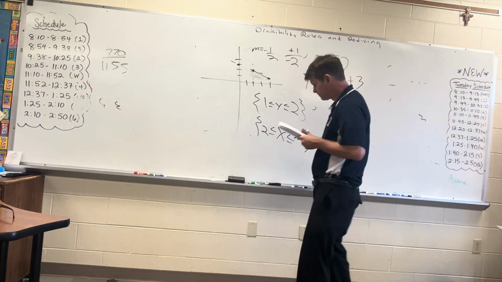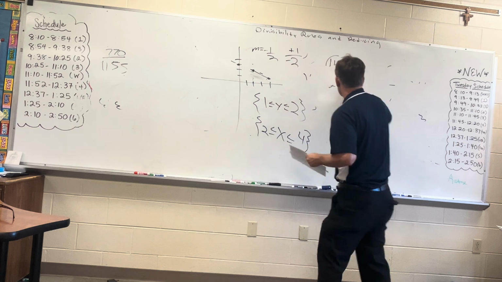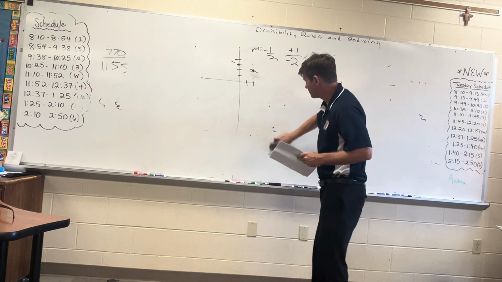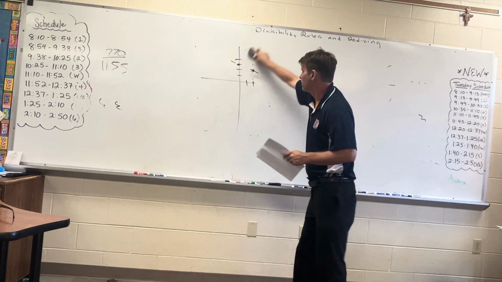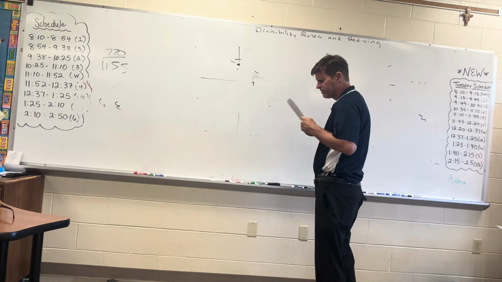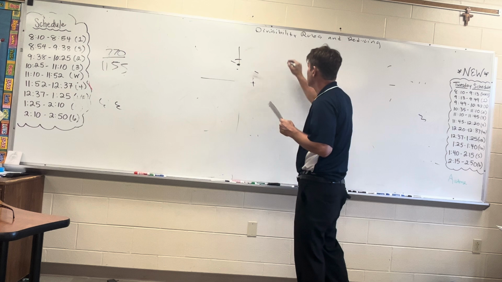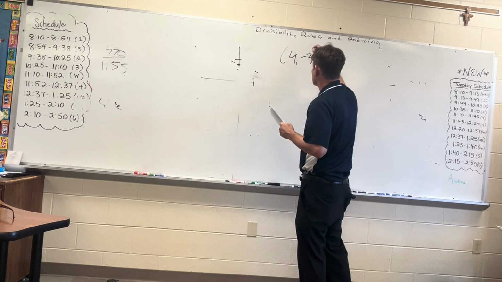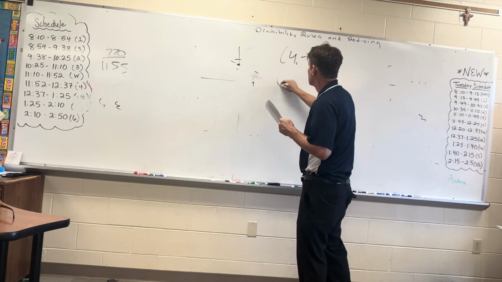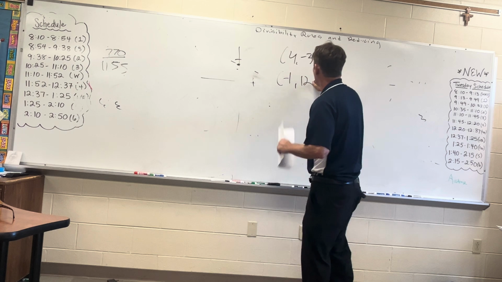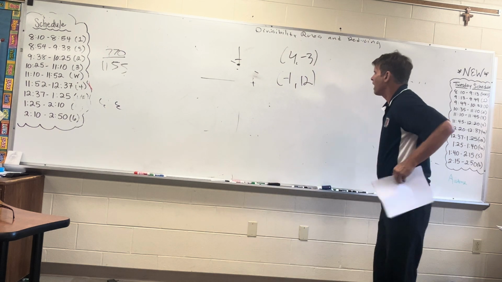Number 15. Taking 2 points and finding a slope. I'm going to do my fast method instead of the formula. What is the slope of the line passing through 4, negative 3 and negative 1, 12?